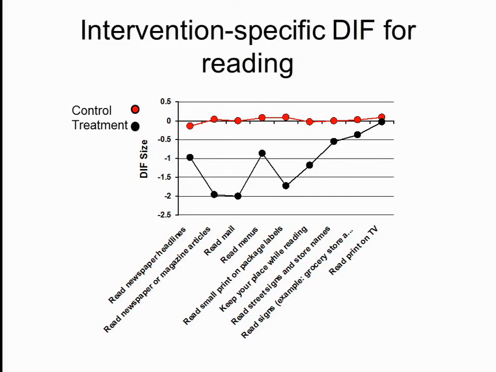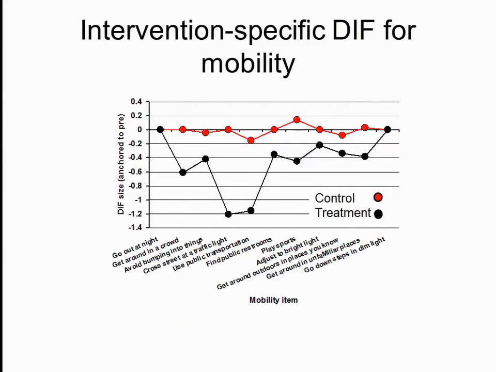The red shows no change in items over time, but the black shows bigger changes for some items than for others. That's for the reading items, and this is for the mobility items, same story. So we are getting evidence of differential item functioning.